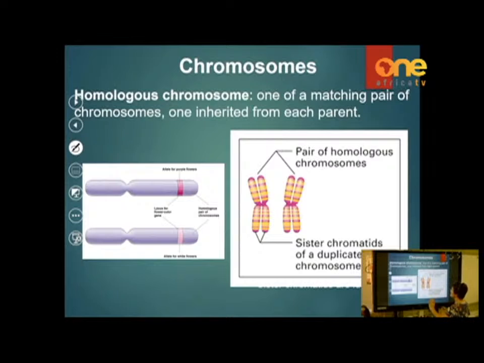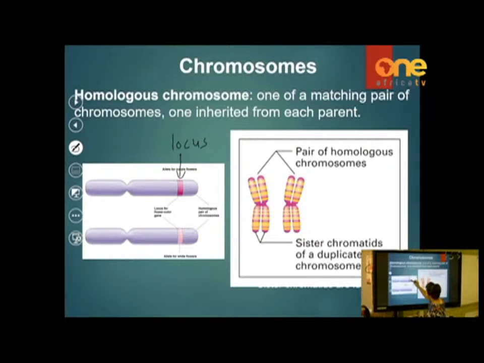And if I look at this picture, I have a homologous pair, but I can see this was not yet replicated. But that is not important now. What is important now is on this specific spot, which is called the locus, I find the color of the flowers gene.